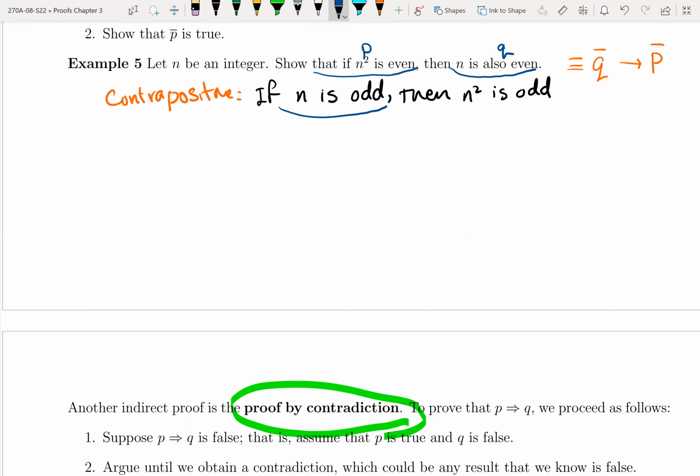This is the not Q statement, and this is the not P statement. The top one was P then Q, and this one is not Q, then not P.